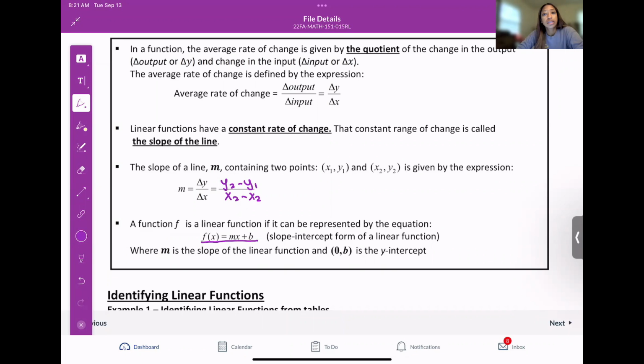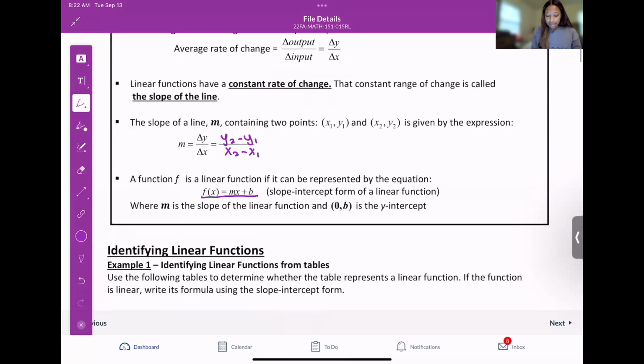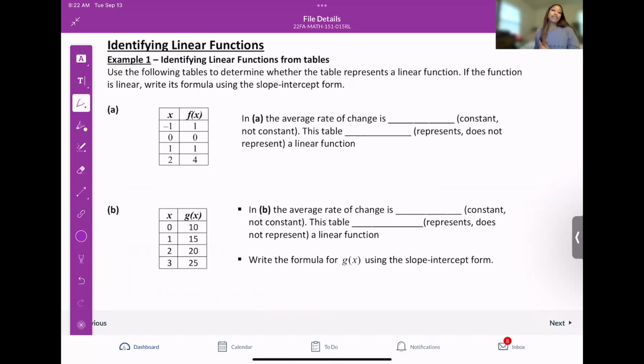If you know the y-intercept and you know the slope, you can put those together to find the slope-intercept form of a line. We know how to find the slope if we're given 2 points on the line, and now we know that if we know the slope and the y-intercept of a line, we can write the equation of the line in slope-intercept form. All right, identifying linear functions.